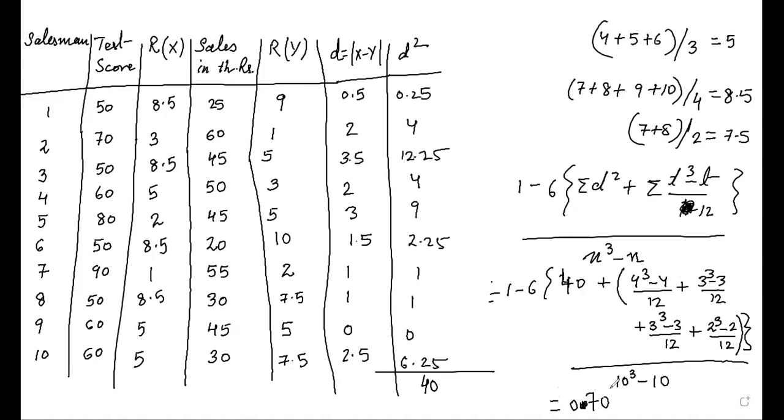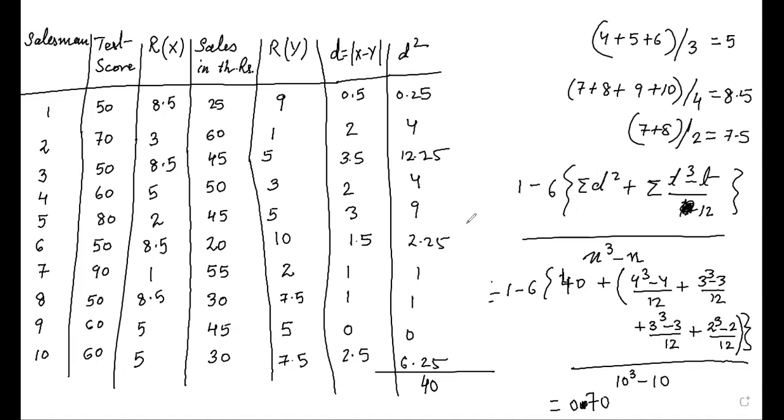So the rank correlation we have obtained between the 10 salesmen, from the statistical data given to us, that is the rank correlation between their test scores according to their intelligence and the sales they have made in rupees thousands, is 0.70. As it is nearer to 1, we can say that there is a strong correlation between these two qualities.